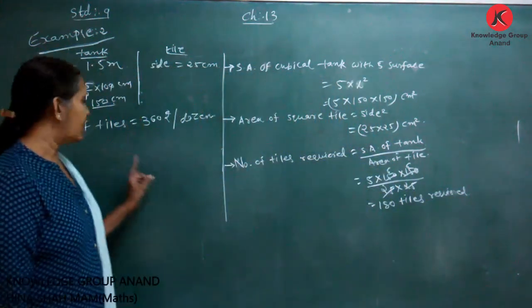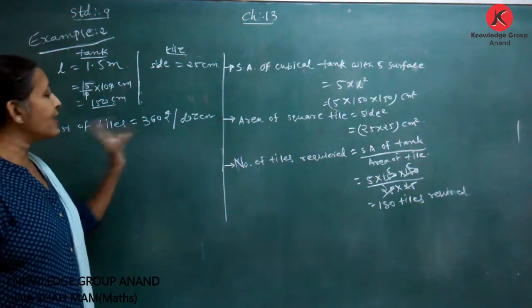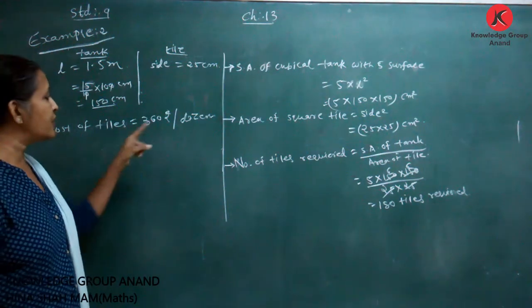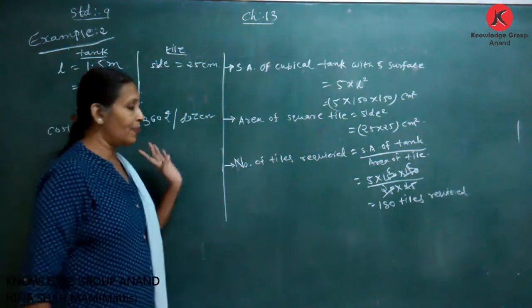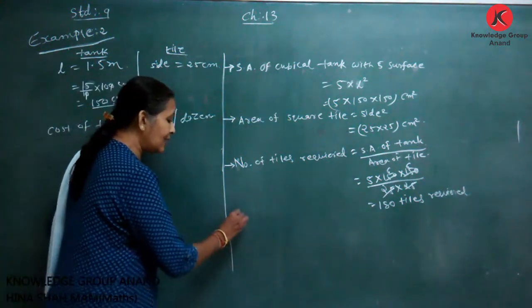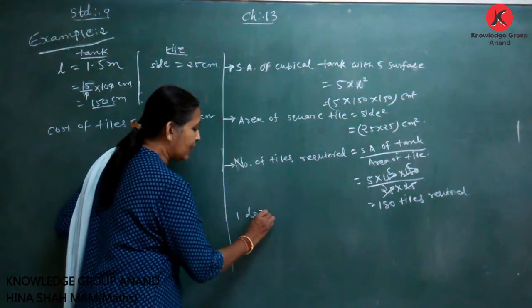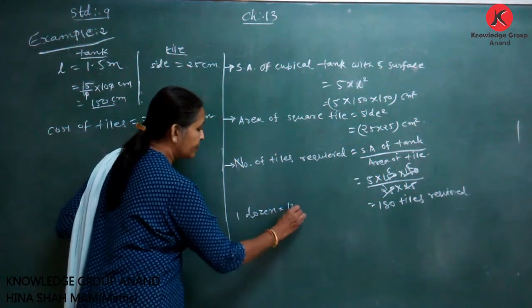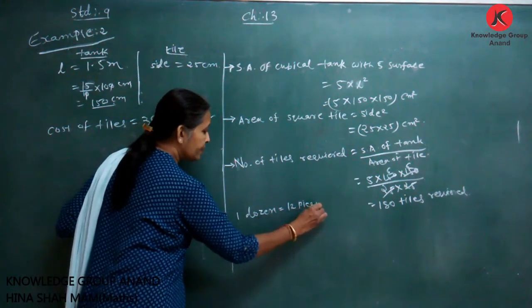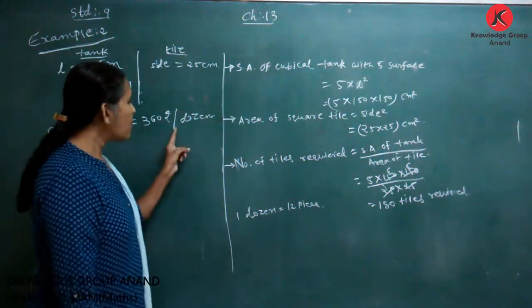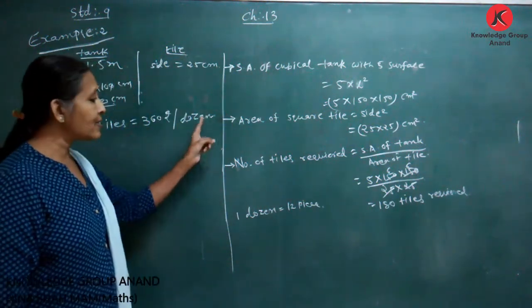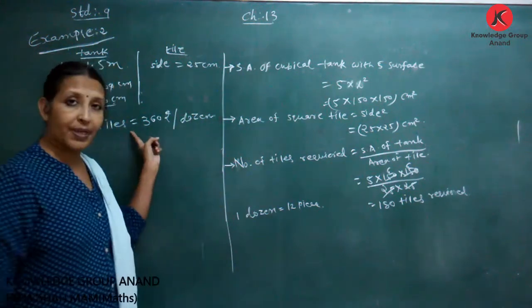180 tiles are required. Now, the cost of tiles is 360 rupees per dozen. Therefore, 1 dozen is equal to 12 pieces. Now, the cost of 12 tiles is equal to 360 rupees.